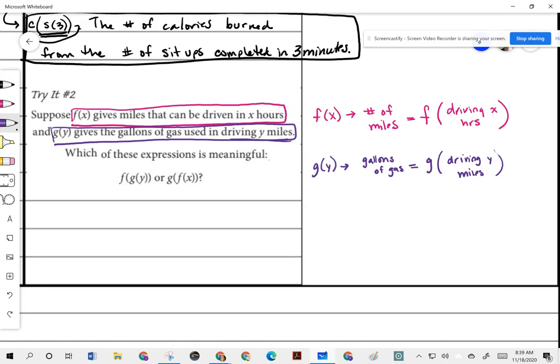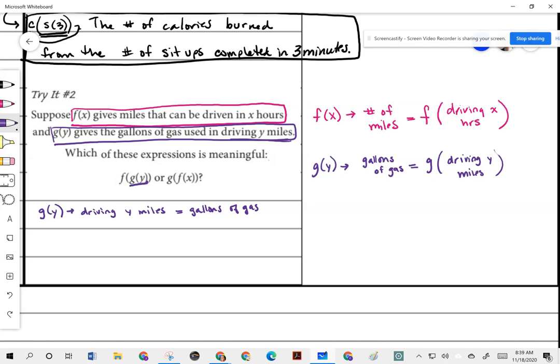Well, let's take a look at g of y, which we already did. g of y is going to indicate driving y miles equals the gallons of gas.